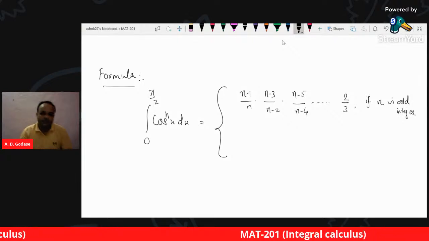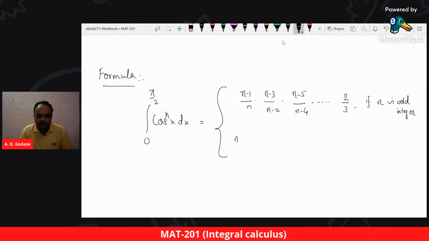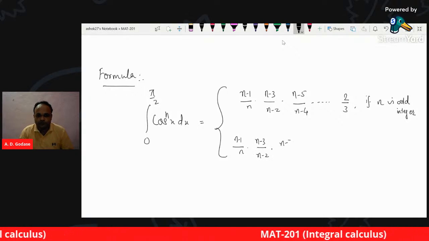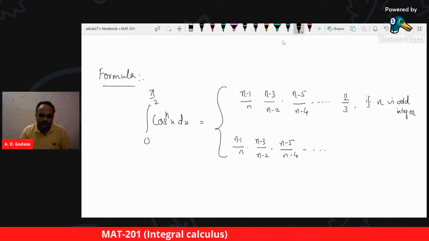And the value of this integration, in the other case, is n minus 1 divided by n into n minus 3 divided by n minus 2 into n minus 5 divided by n minus 4 into up to half into pi by 2.